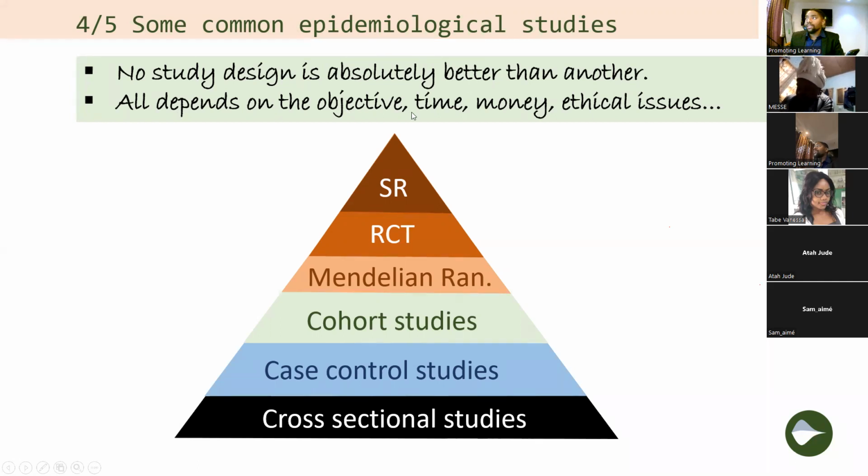It all depends on the objective, the time, the money, and ethical issues, and probably other determinants. So I think this pyramid holds when your objective is causality. If you're interested in causality, the study that's going to give you the best level of evidence is definitely going to be systematic reviews of randomized controlled trials. That's for causality only.